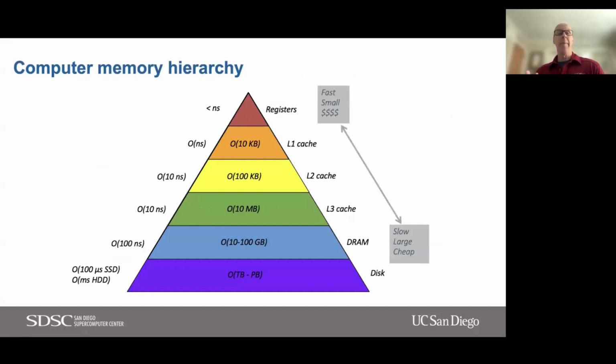So we're going to talk just a little bit about the computer memory hierarchy. So between registers, which are very, very fast, they're actually part of the CPU, that's where data resides that's immediately available on the next clock cycle for use by the CPU. Between registers and our hard disks, either hard disks or SSDs, we have multiple levels of hierarchy.